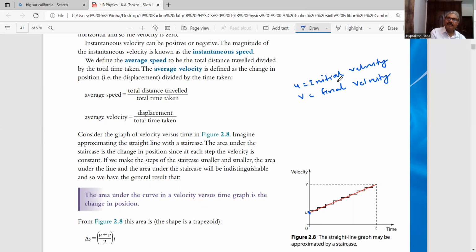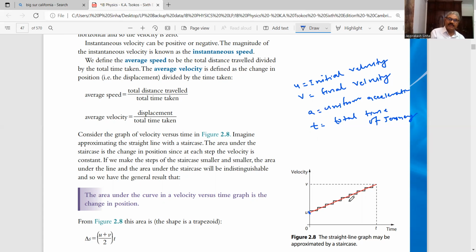And here the velocity is changing at a constant rate, which means a is uniform acceleration. What is the time of journey? Time of journey t is equal to the total time of journey.